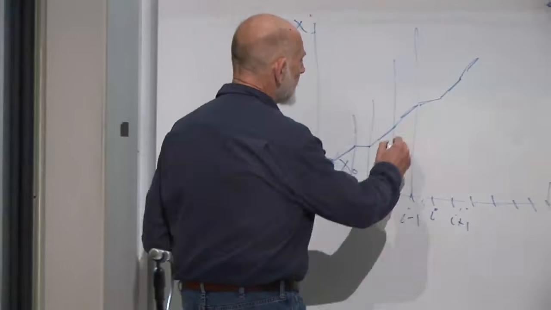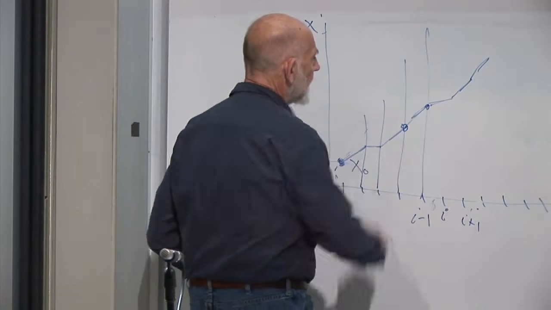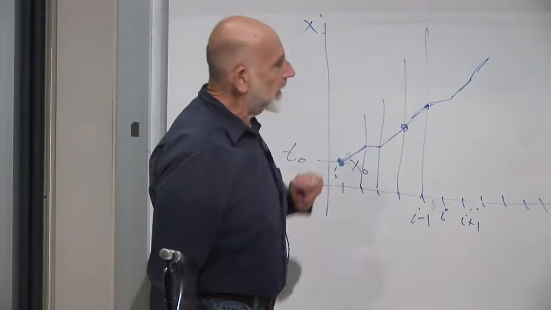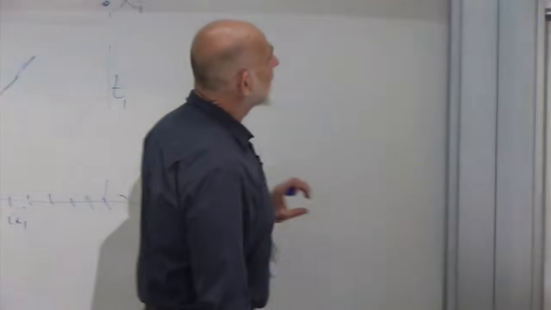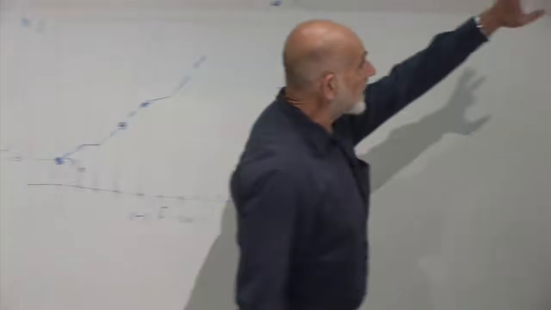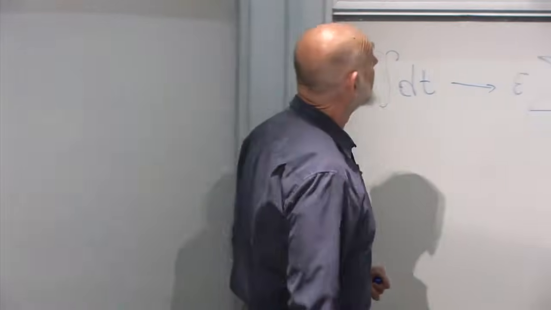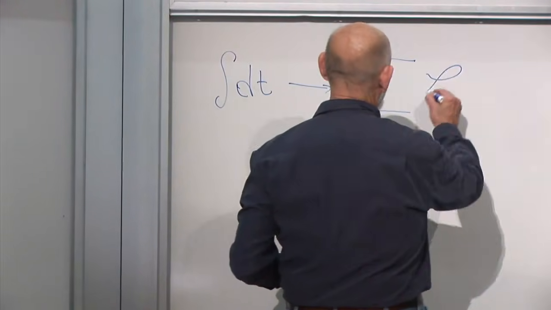Now, how about the action from here to here? Well, up on the top, we wrote that it is an integral of that thing called L over there. So we should write L here.